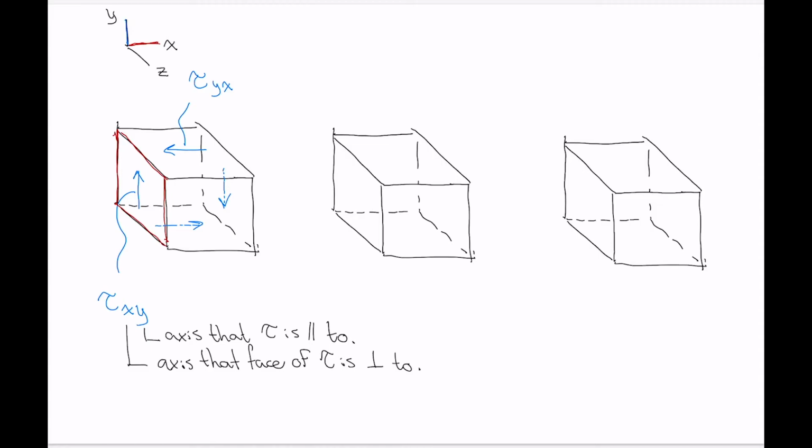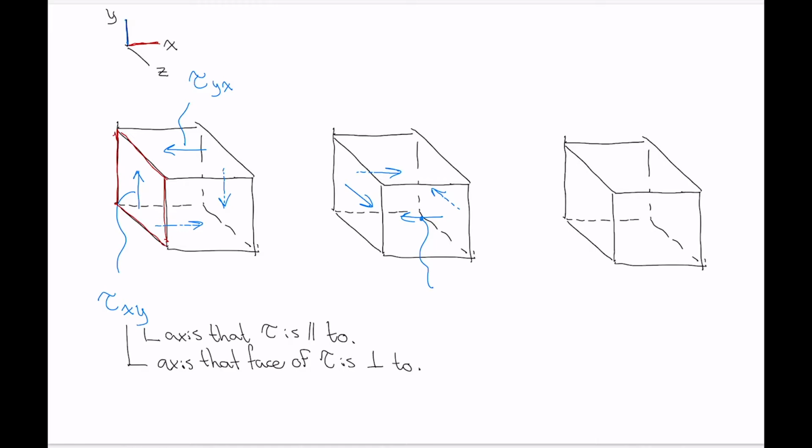So instead of a shear stress that acts upwards on that left-hand side, we could have one that acts sort of pointing forward like this. And in that case, we need to have one on the right-hand side pointing backwards, and then we need to have another two, one like that, and one like that on the back face. And if we think about naming one of these, it doesn't really matter which one we name.